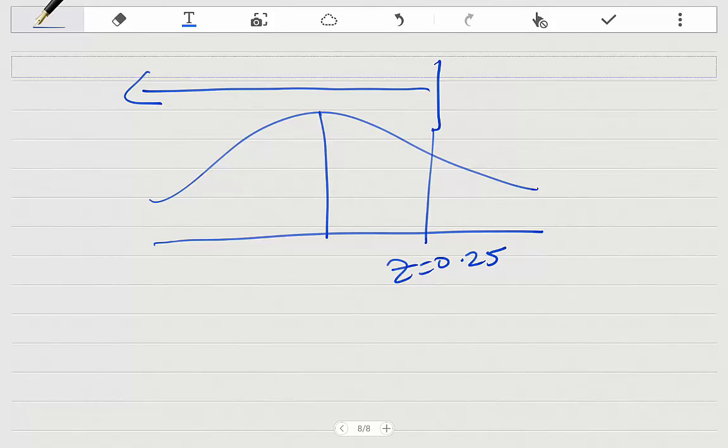So you find the value 0.25 and it will give you the percentage or the fraction that is left of 0.25. If the question is asking for the right, obviously you would have to do 1 minus whatever you get.